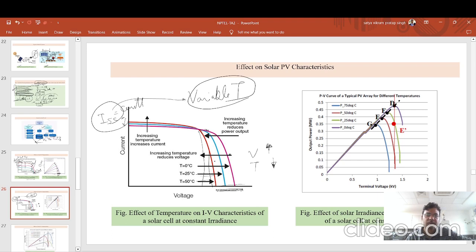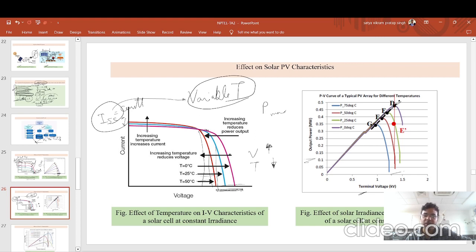And on the right side, if you see this output power versus terminal voltage, by varying this terminal voltage, this power is also variable but not very high, but it varies.